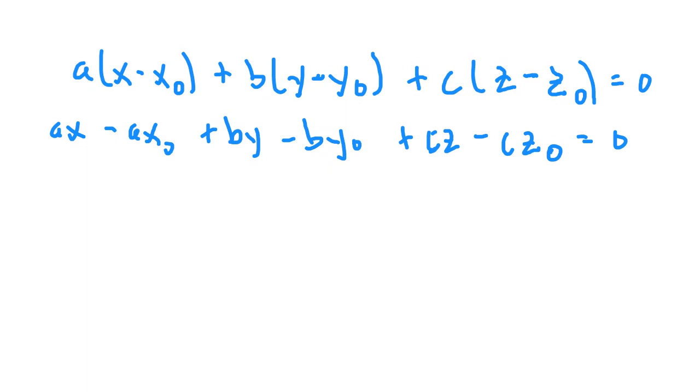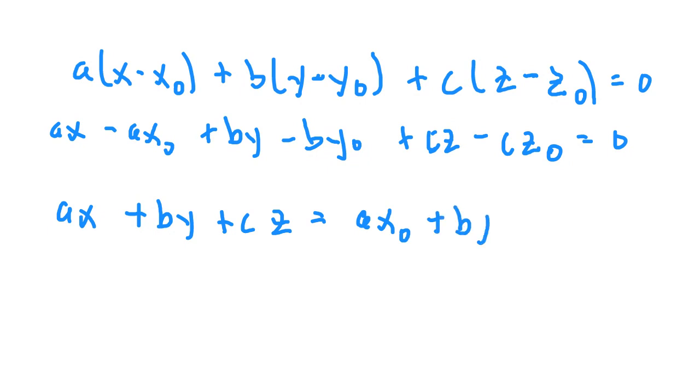Just going to take my time here. And then we can go a little further and write this as ax plus by plus cz equals a times x sub 0 plus b times y sub 0 plus c times z sub 0, right? We absolutely can do that.